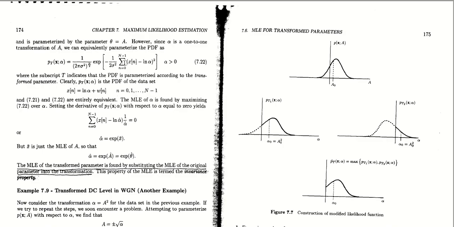So you get this, and you change your variable, you get ln alpha here, where the subscript indicates the PDF is parameterized according to a transformed parameter. So now we have x equal to ln alpha plus this. And they are equivalent.